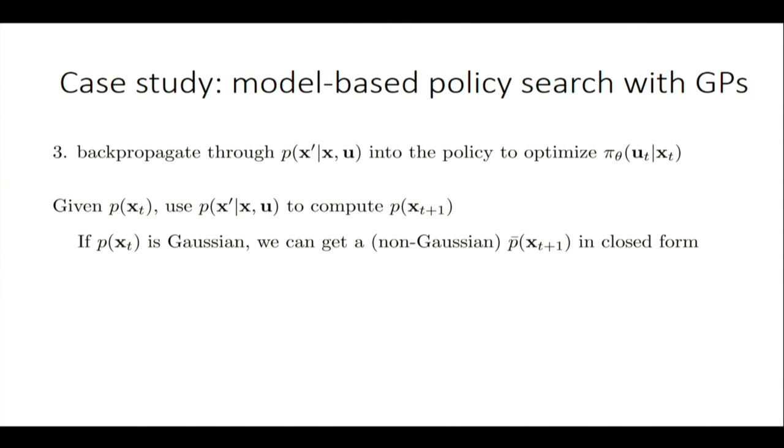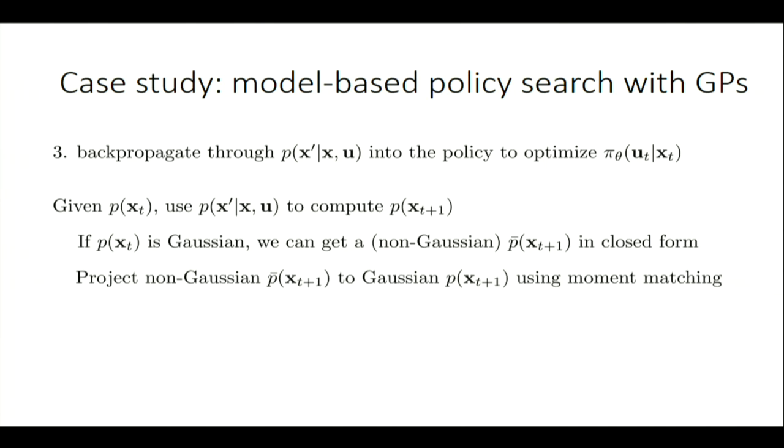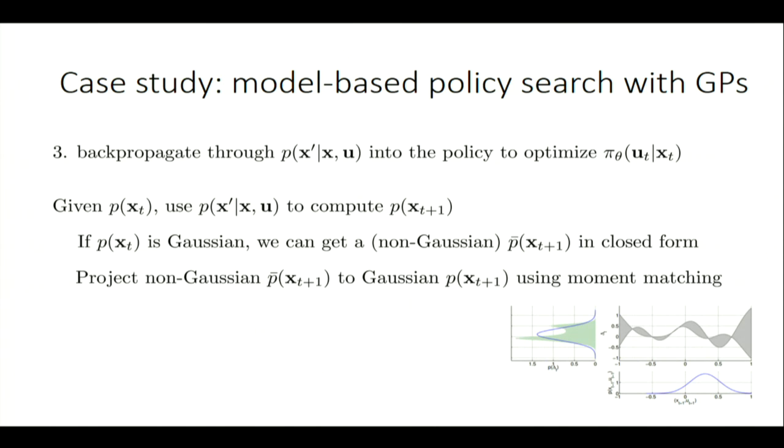So what they're going to do is run this Gaussian process forward at each state from a Gaussian distribution, and then project this non-Gaussian x t plus 1 down to a Gaussian approximation using moment matching. So the procedure for forward propagation here is take your current Gaussian state distribution, run the GP forward, get a non-Gaussian distribution, project it down to a Gaussian, so that's what they're illustrating here, and then do this whole thing again. And that'll get them a Gaussian distribution over states at every time step for the current policy.